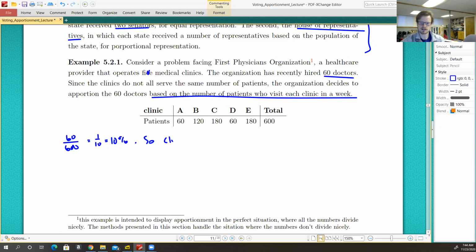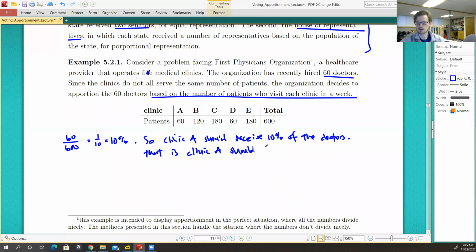So Clinic A should receive 10% of the doctors. And 10% of 60 doctors would be 6 doctors. So Clinic A should receive 6 doctors.